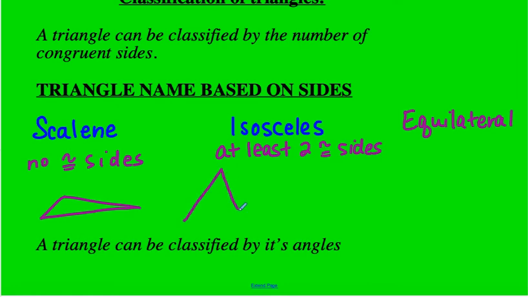We could draw it like this, and these could be our congruent sides. But you have to be very careful, because what if I draw an isosceles triangle and I make these the two congruent sides? So just be careful of that. And then an equilateral triangle, all sides are congruent. Okay, so those are the three ways we could name a triangle, by its sides.